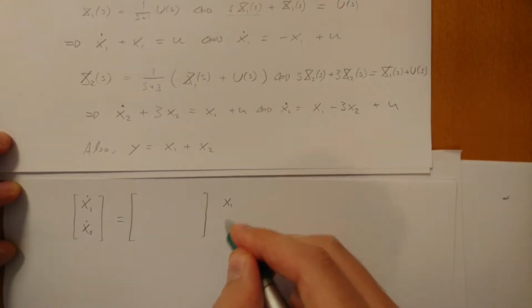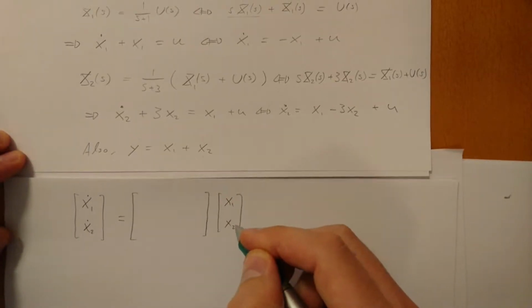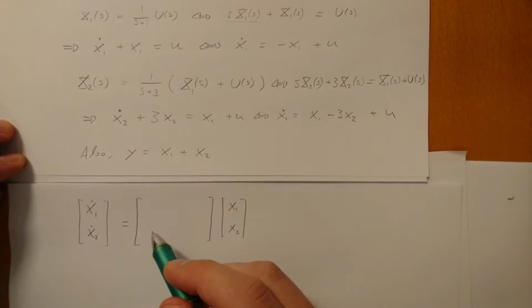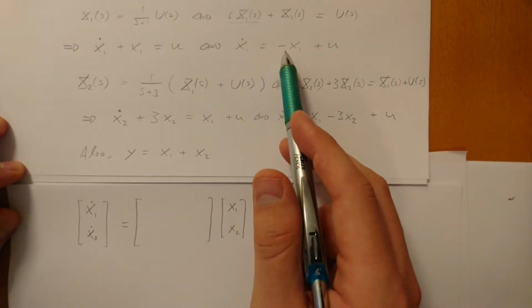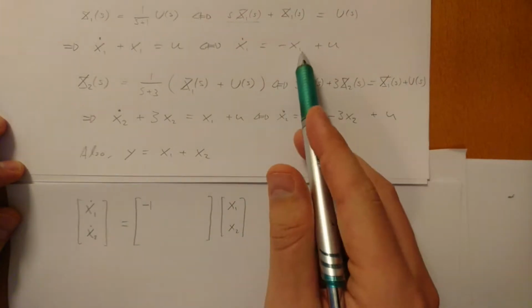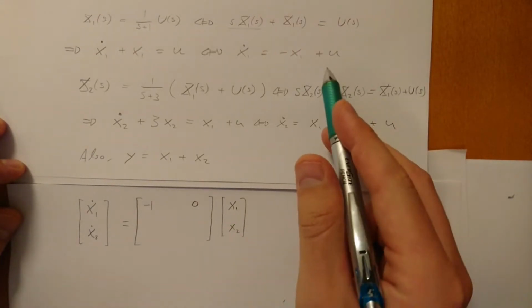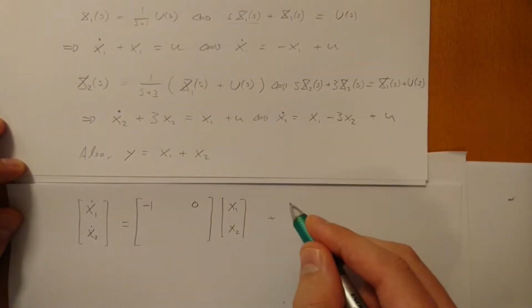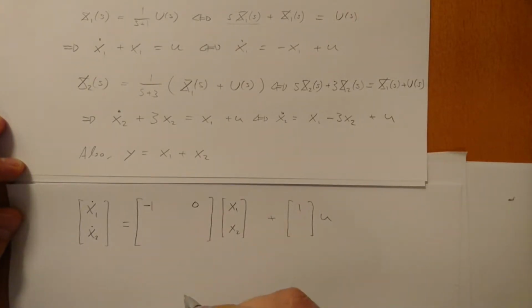Something times x1, x2. And then these elements in the A matrix are just obtained by looking at the relations we found. So x1 dot is equal to minus x1, so we have a minus 1 there. And we have no x2, so it's 0. And then we have plus u, so plus 1 times u.